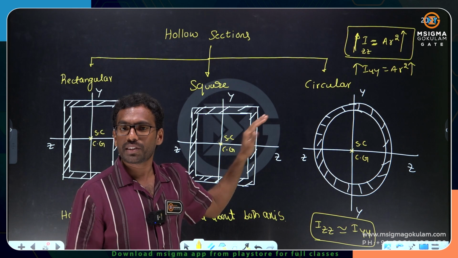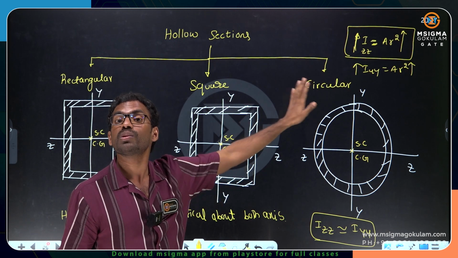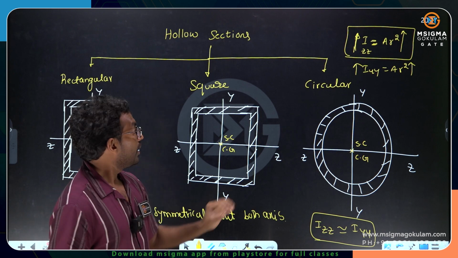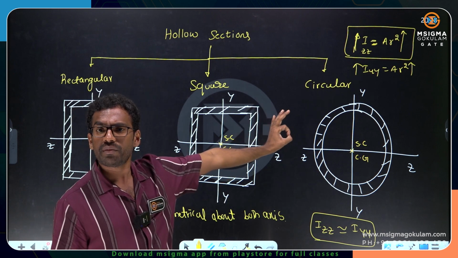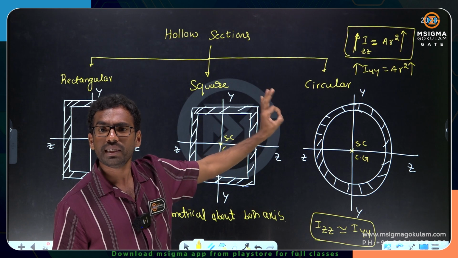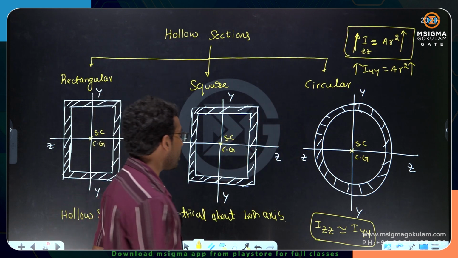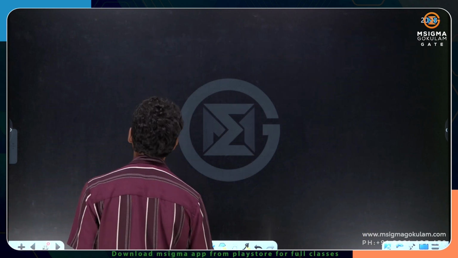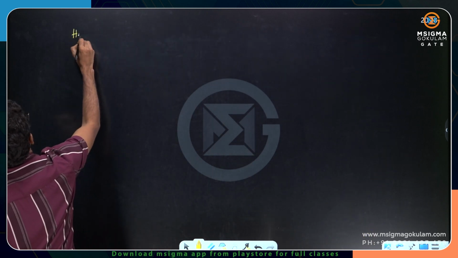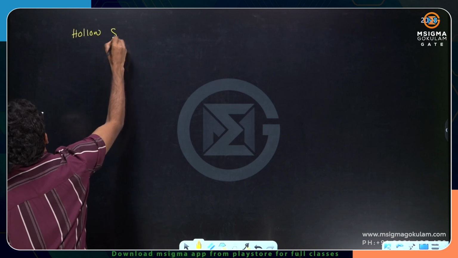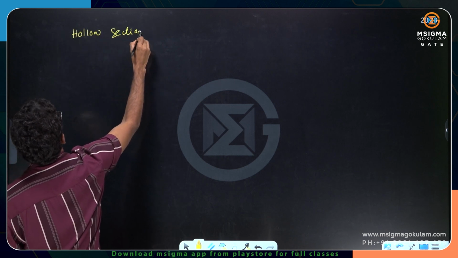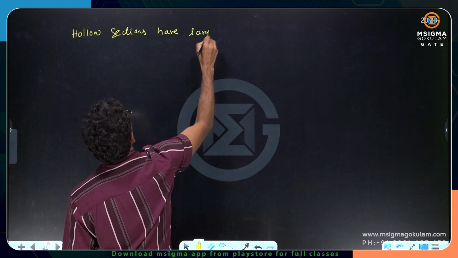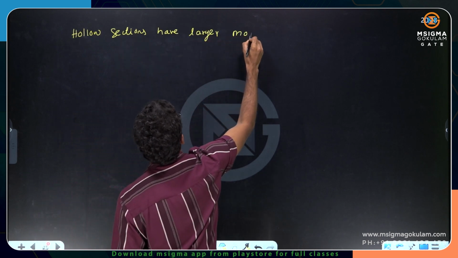Highest moment of inertia is possible in hollow sections. Very, very important point you have to understand. Highest possible moment of inertia is there only in hollow sections. So hollow sections have a larger moment of inertia.